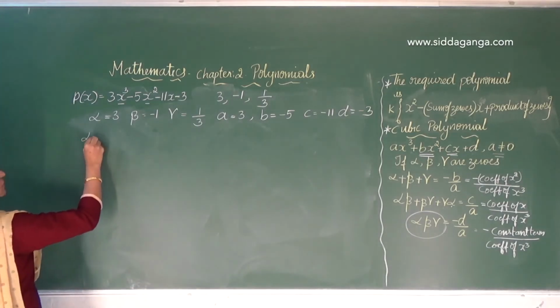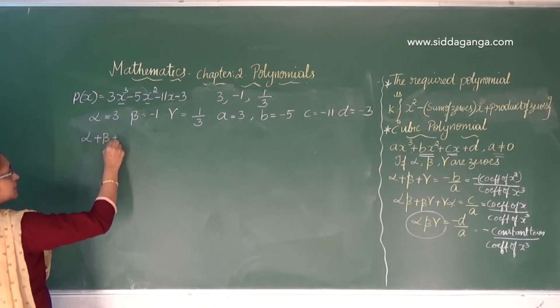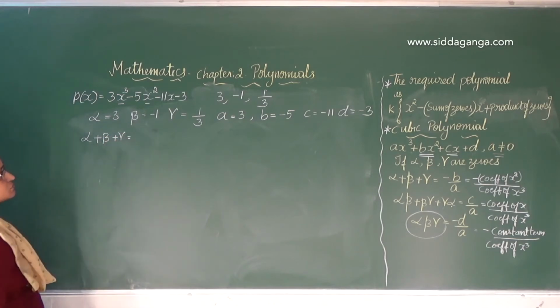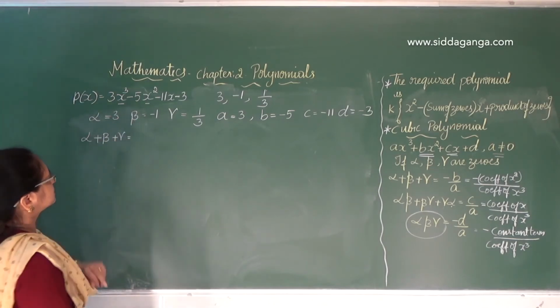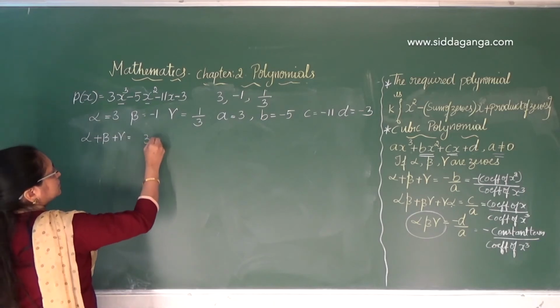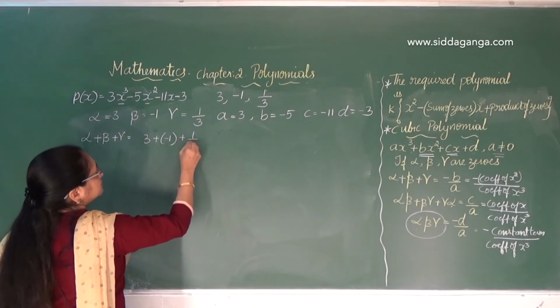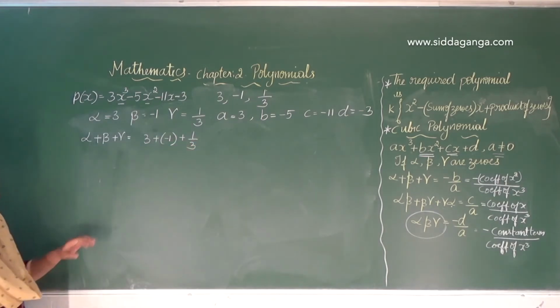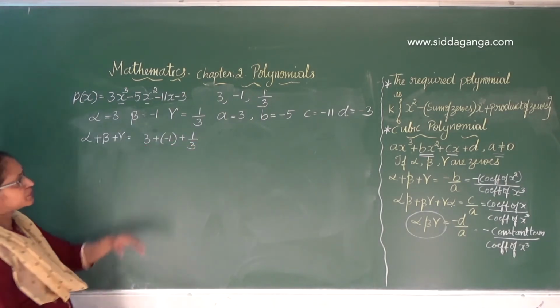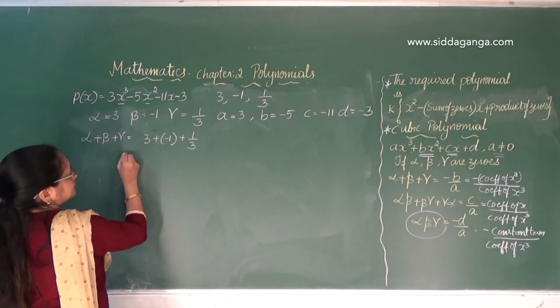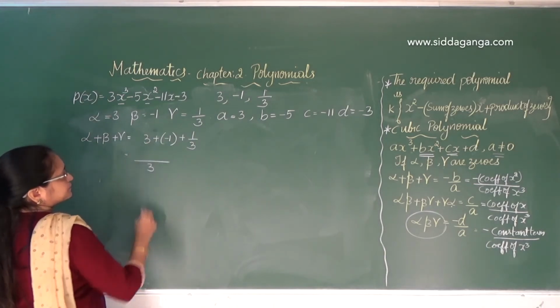Now, alpha plus beta plus gamma. So, what is alpha plus beta plus gamma? So, 3 plus minus 1 plus 1 by 3. I hope you understood this. So, here what is the LCM? 3 is the LCM.